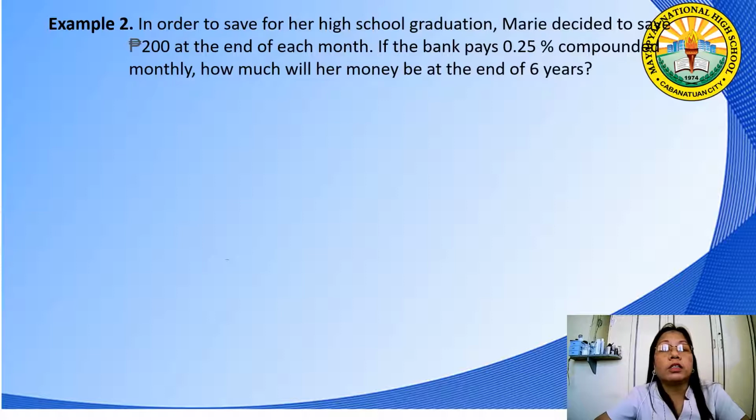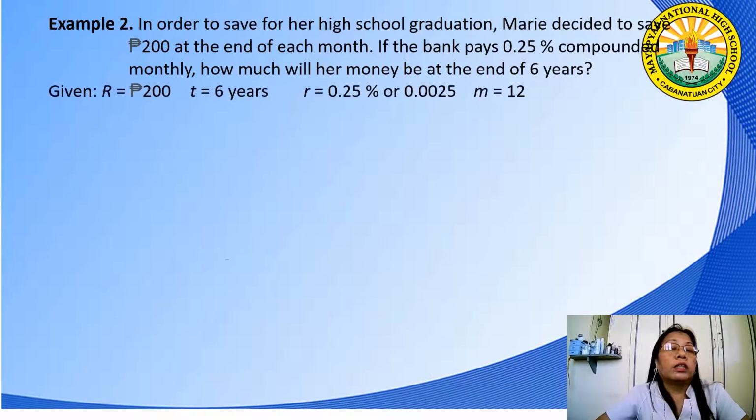The given: the regular payment R is 200, T equals 6 years, the interest rate is 0.25% or 0.0025, and m, the frequency of conversion, is 12 since it is compounded monthly. Then find F, the future value.